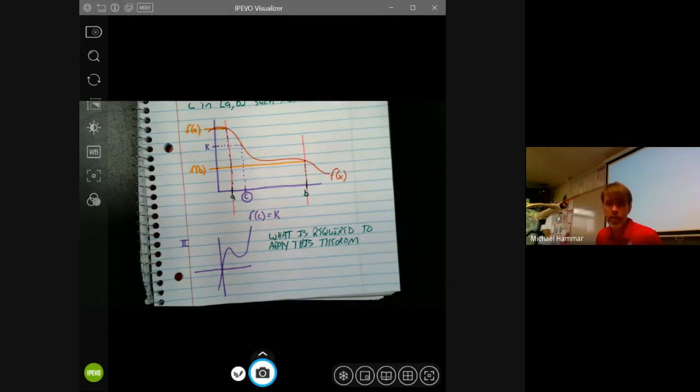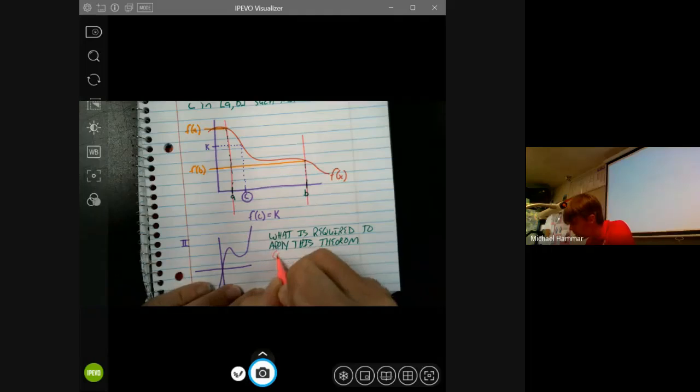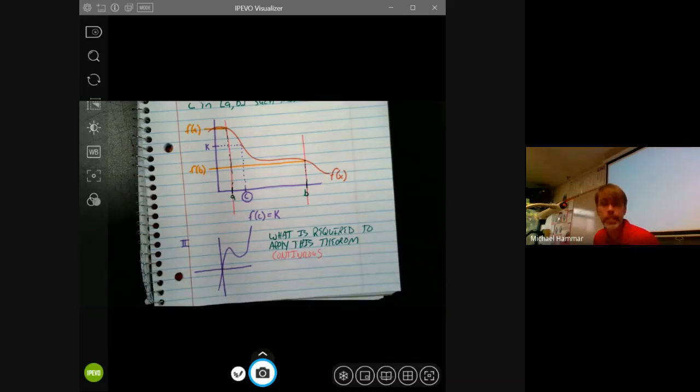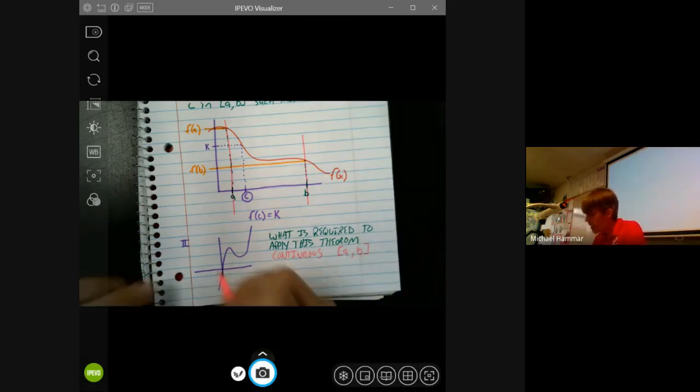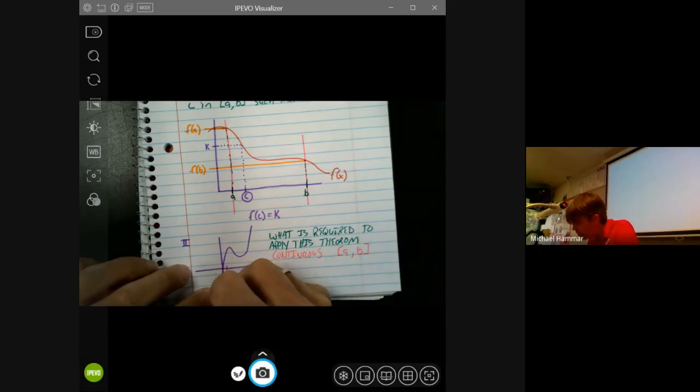There are a couple things that need to be required for this. The first thing is, one, it has to be continuous. Look at this graph, and as you can see, this graph is continuous. We also need to define some distance between a and b. So I need to make sure that there is some closed interval, and I want to extend this a little bit.